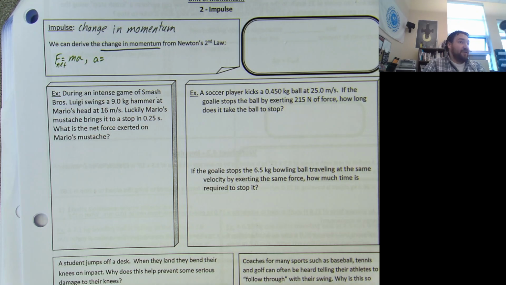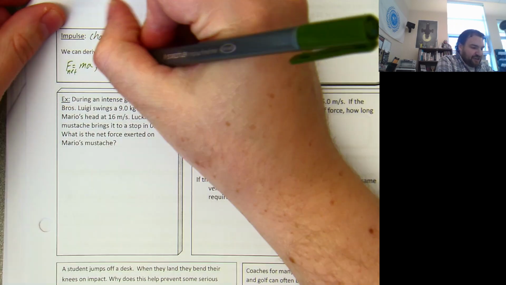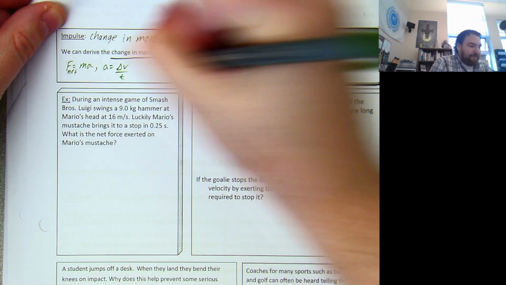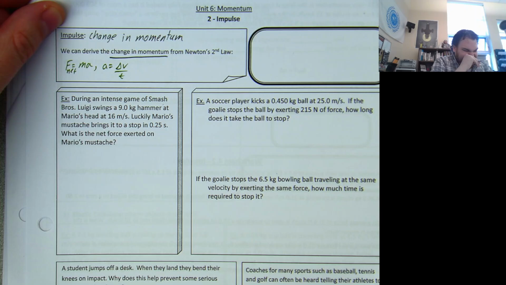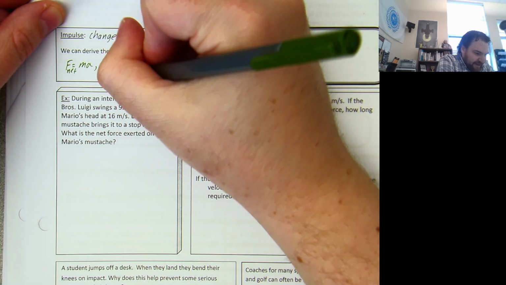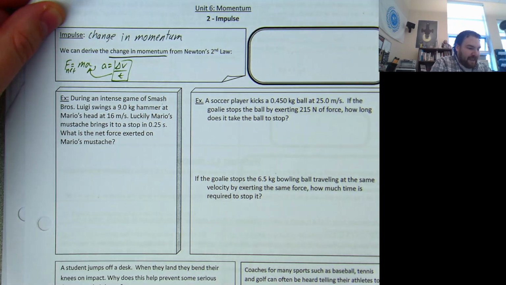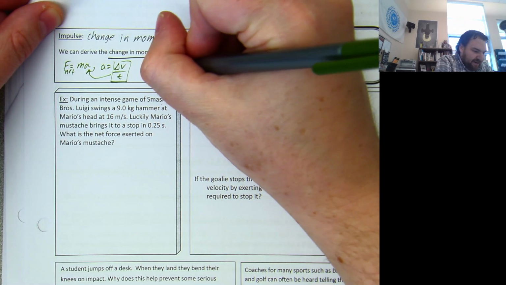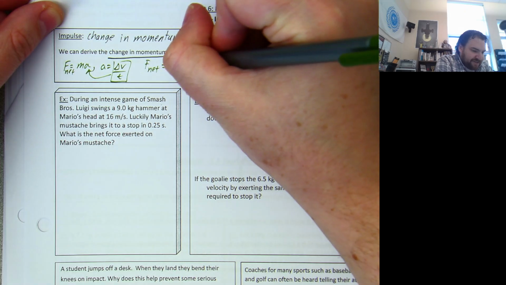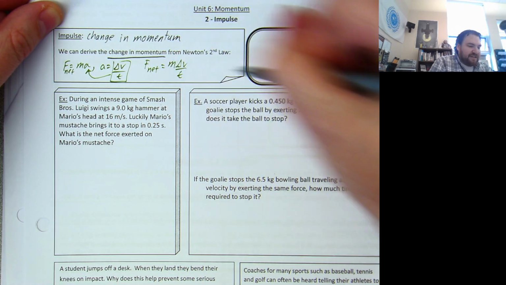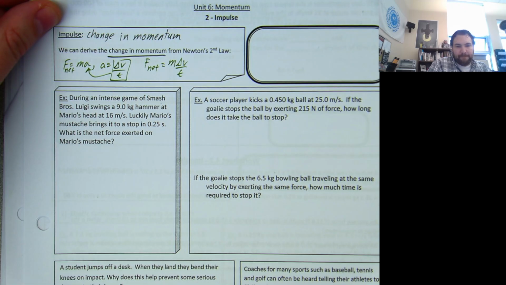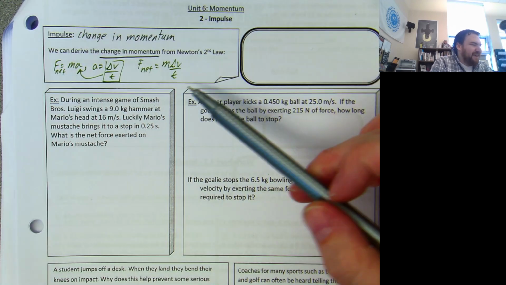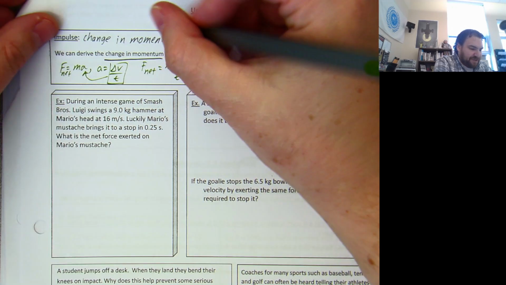Not just velocity over time, but change in velocity over time. Acceleration is a change in velocity over time, so I can replace a with that, and F net is equal to mass times change in velocity divided by time. But I don't like denominators. We want to get rid of denominators, so I'm going to multiply both sides by time.